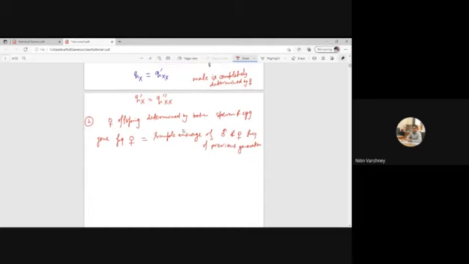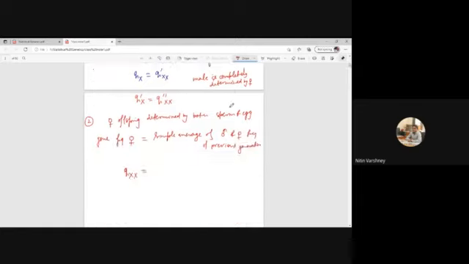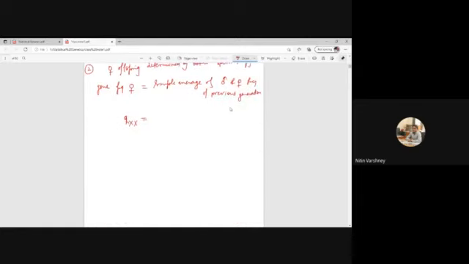So this is my QXX. QXX is what? The female of offspring. Then this will be determined by both the male and female of the previous generation.